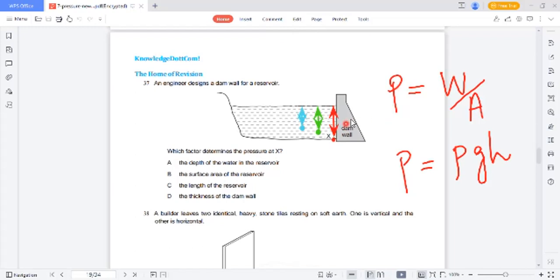So the amount of water is high here, due to which the weight would be large, and that means pressure would be large. We don't know the pressure, but we have been given the information. You can see the large depth, large weight, small depth, small weight.